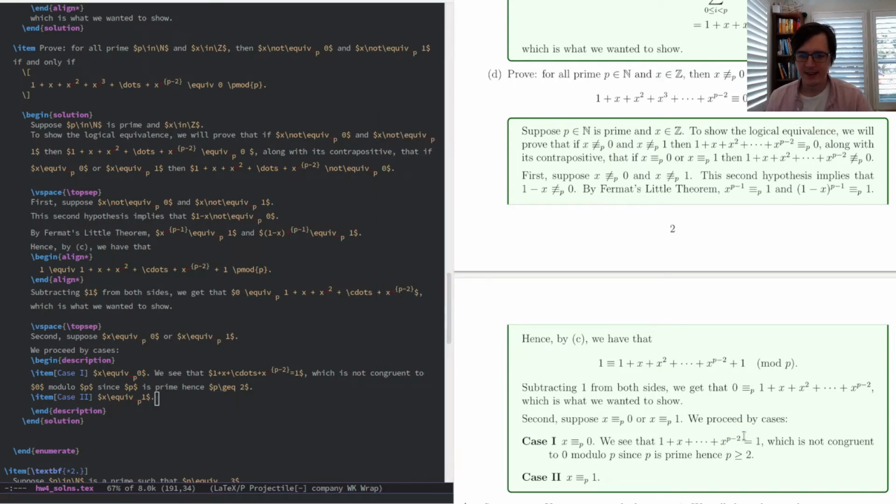And then 1 and 0 are both residues, they're already reduced, so they're not equal, so that's all we had to check. Case 2.